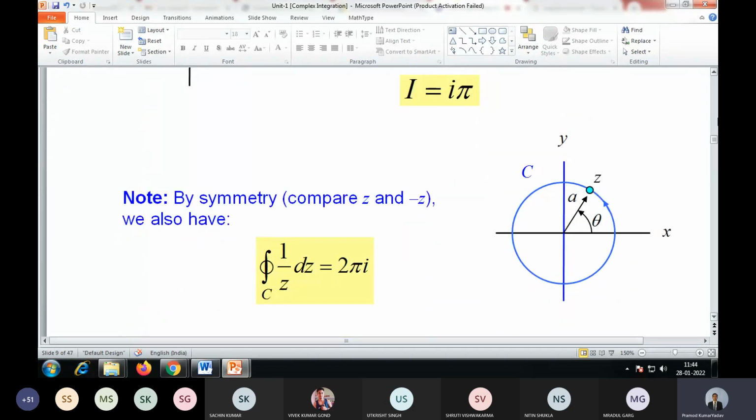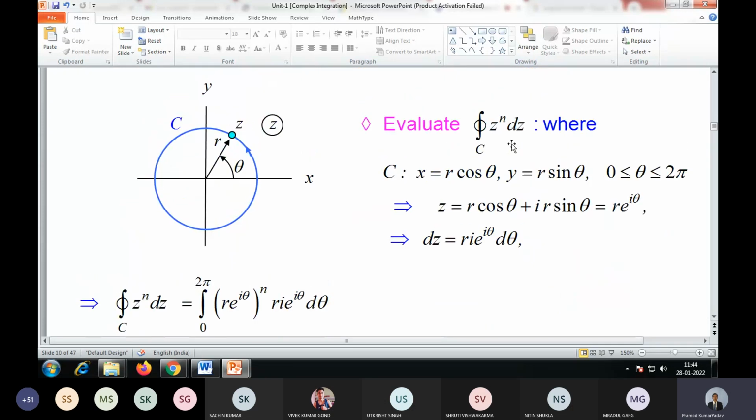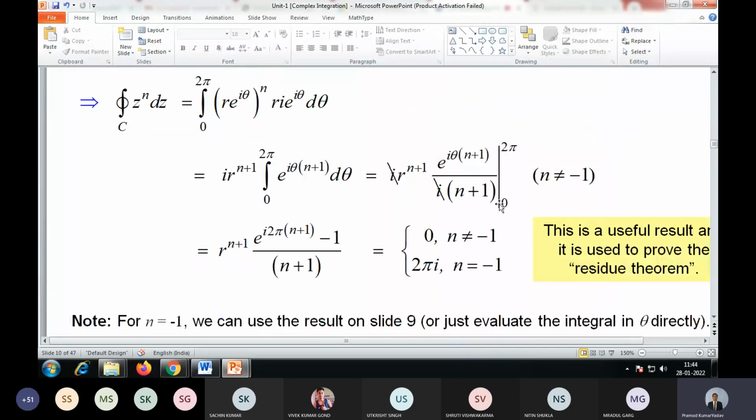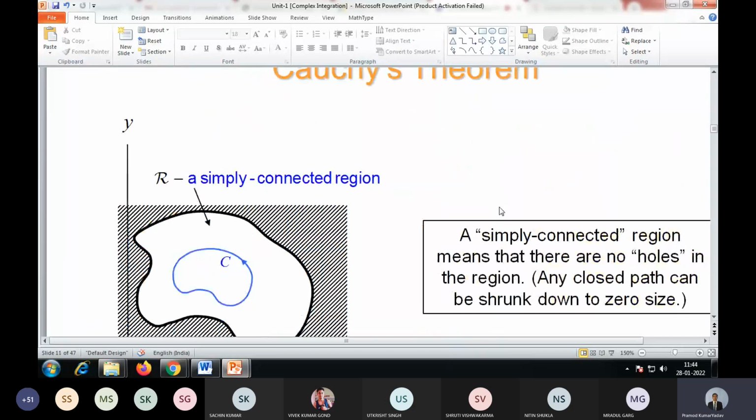So the integration of z to the power n dz is 0 when n is not equal to minus 1, but it will be 2 pi I when n equals minus 1. That is, the value of integration 1 upon z dz is 2 pi I. However, the integrations of z power 1, z power 2, dz, whatever, all these will come 0. Is it okay?